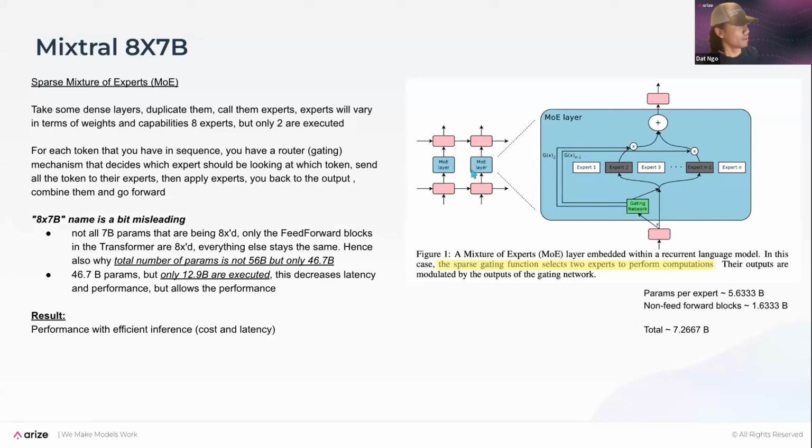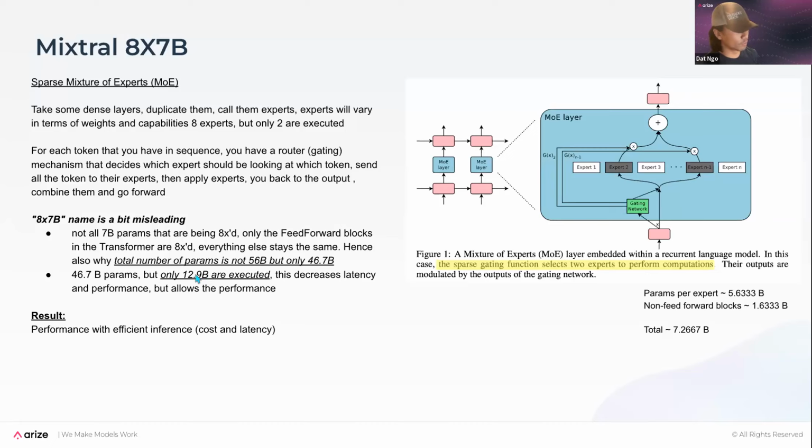Actually, there's a certain set of non-feed forward neurons that just fire every single time. So if we use a system of equations, in the total model we have 46.7 billion parameters, and there's 8 experts. If we fire one token and see how many parameters are fired, it's 12.9.